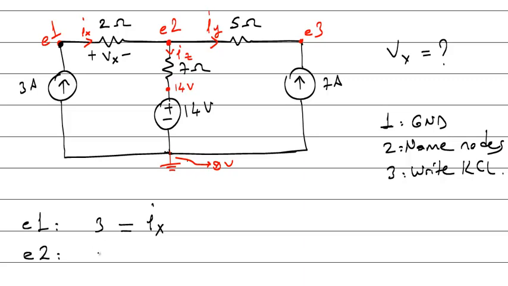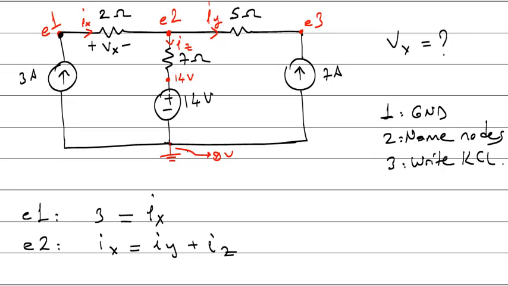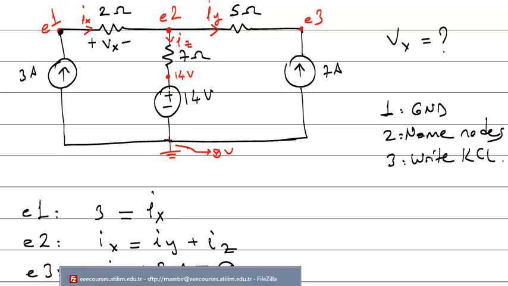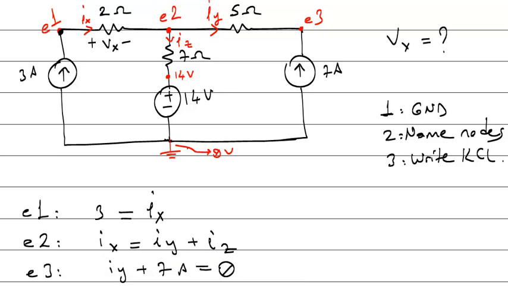Entering currents Ix, exiting currents Iy and Iz. Okay. What's the KCL equation on E3? Entering currents Iy plus 7, summation is 0. So what's Iy? Minus 7 amps.